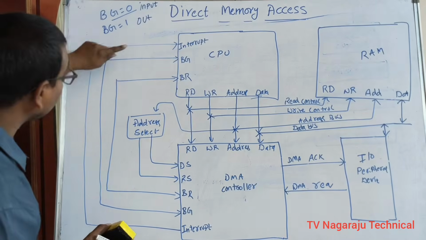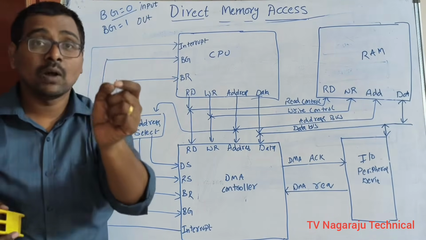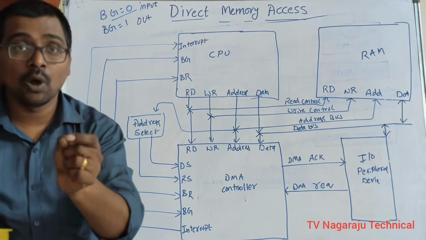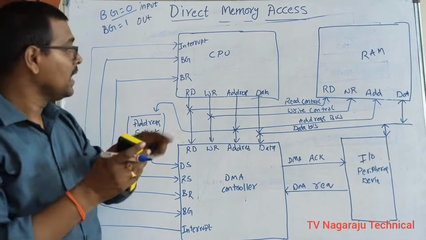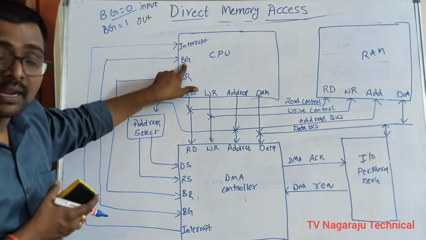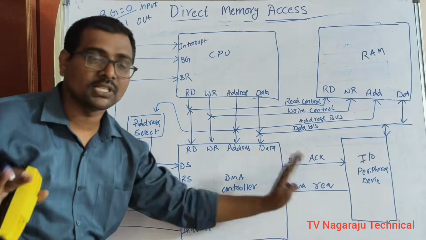Once this interrupt is received, the CPU checks whether the word count register is 0 or not. If the word count value is equal to 0, simply it disables the bus grant line and terminates all the buses. Now the entire transfer operation is completed.